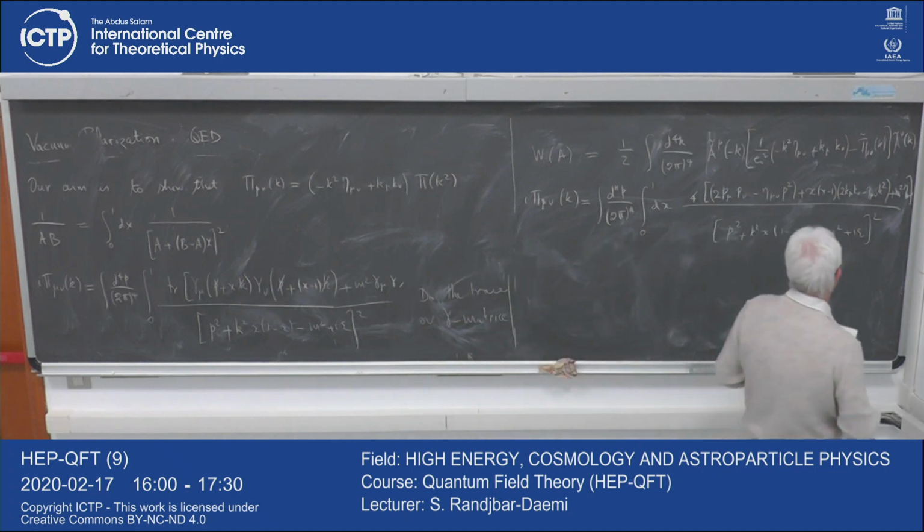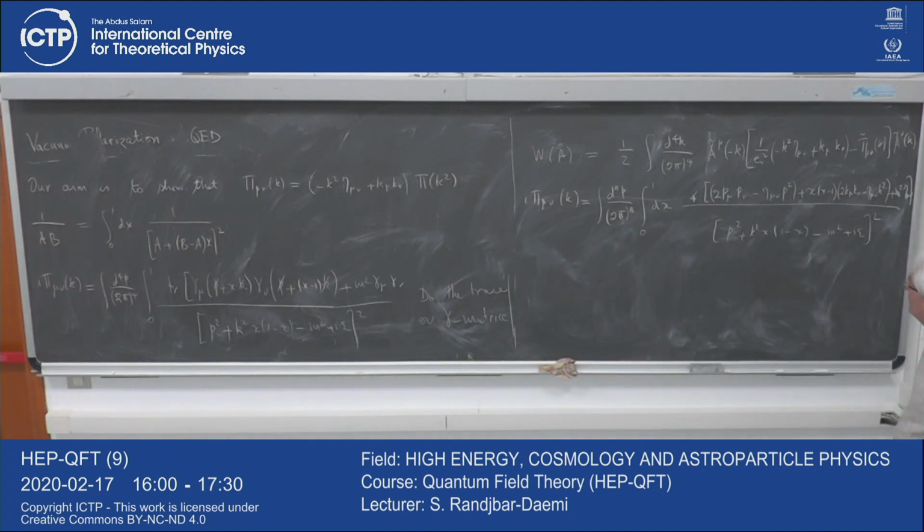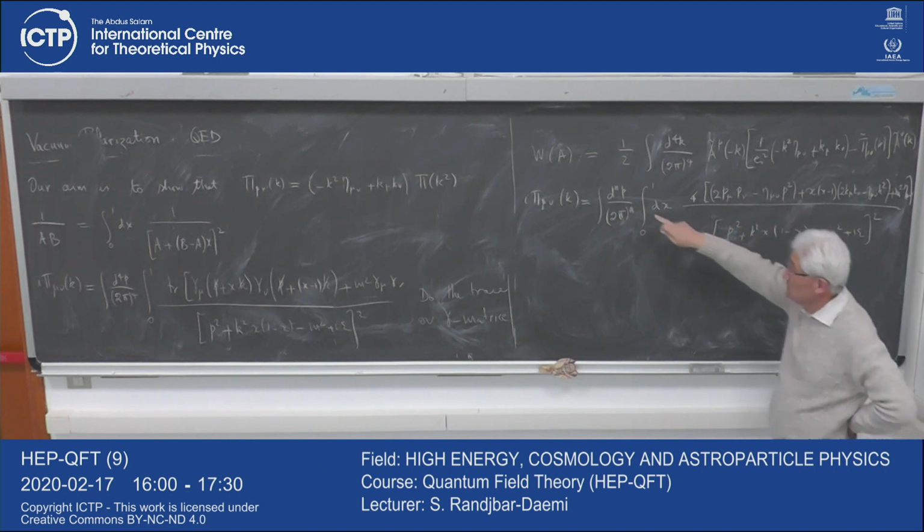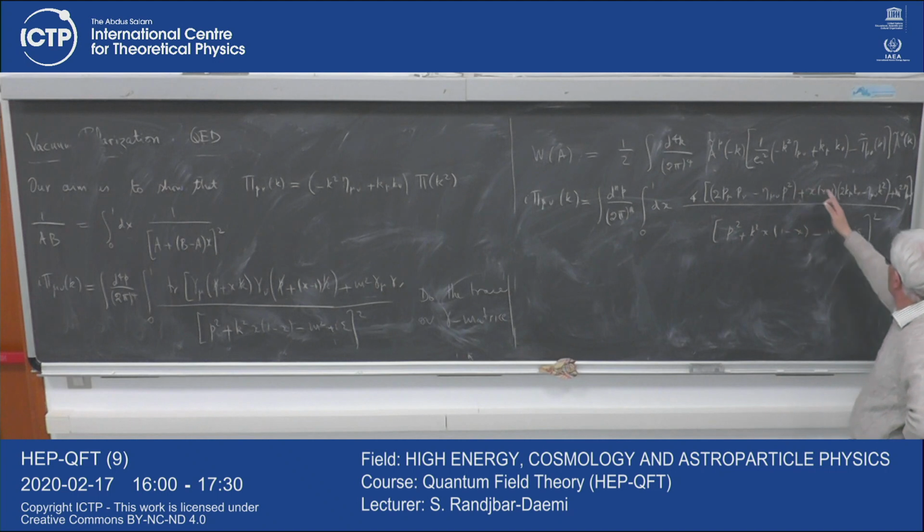So, if the numerator was 1, this integral would be exactly what we calculated for the scalar loop. But in the numerator, you have terms which are dependent on p, which you are integrating over p, and a number of terms independent of p.